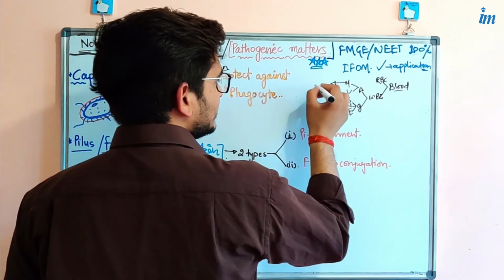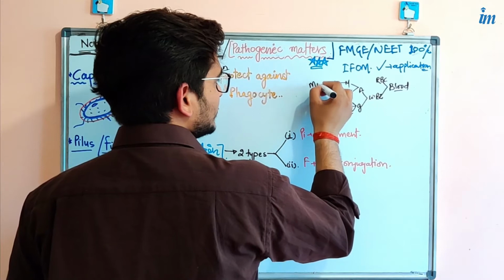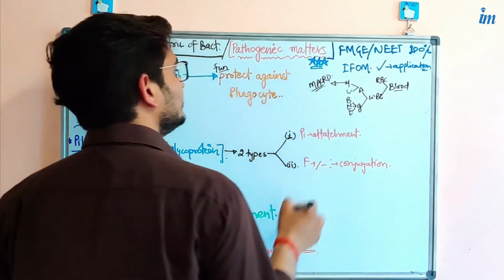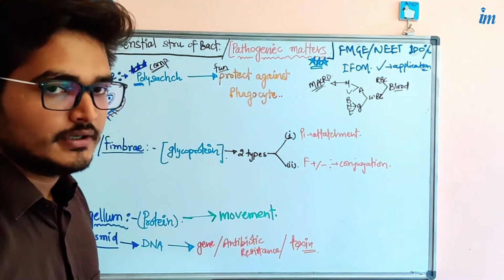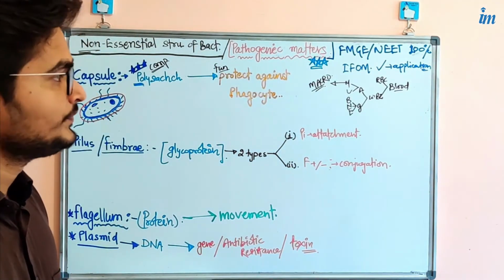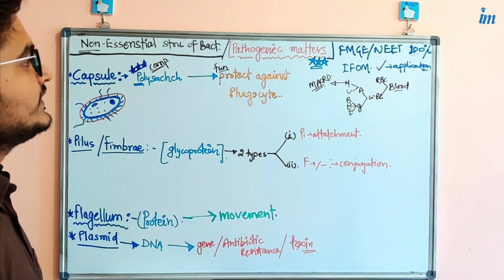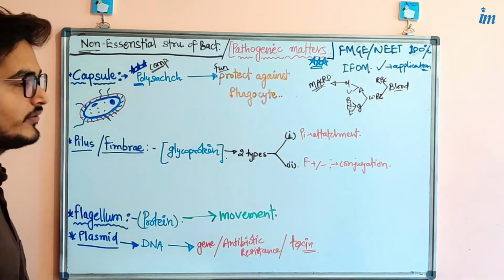Monocytes further form macrophages in different organs, like Kupffer cells in the liver and dust cells in the lungs. These all come under pathology, and in pathology we will study those macrophages.